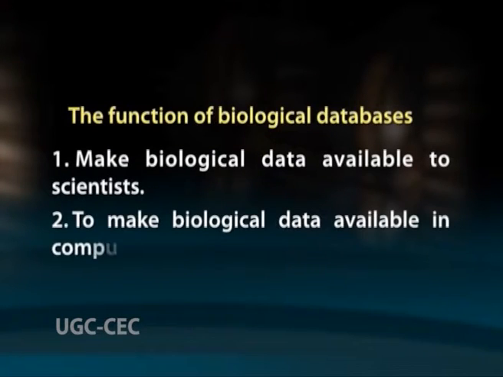Finding published data and accessing it is very time consuming work without databases. Two, to make biological data available in computer readable form. Since analysis of biological data almost always involves computers, having the data in computer readable form rather than printed on paper is a necessary first step.